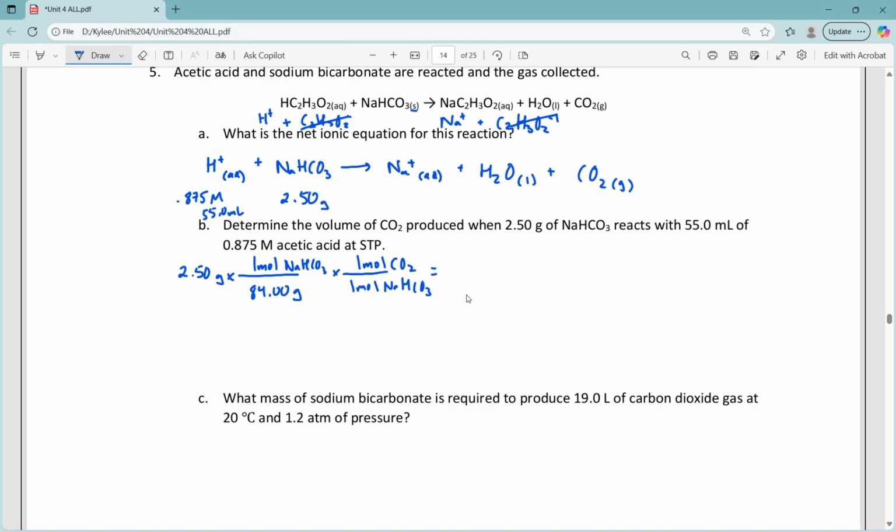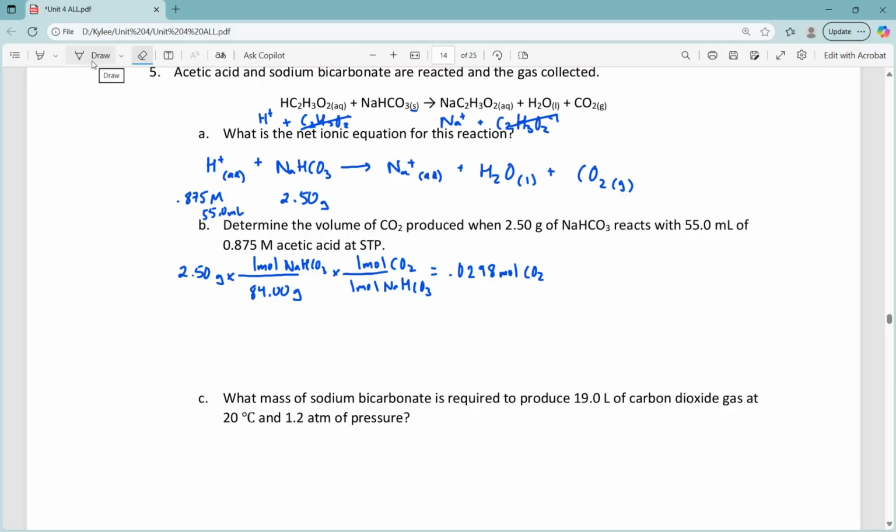And I'm going to see how many moles of CO2 can be produced. And I'm going to keep 3 significant digits, and I get 0.0298 for this one.